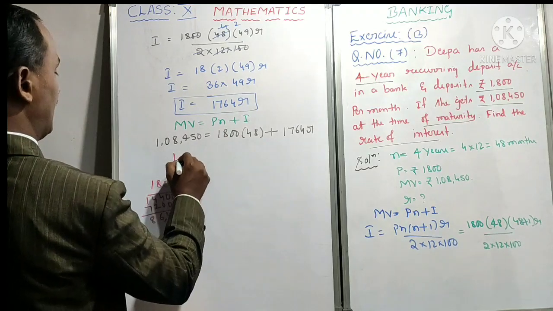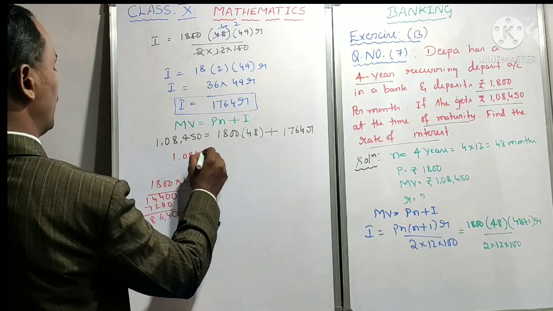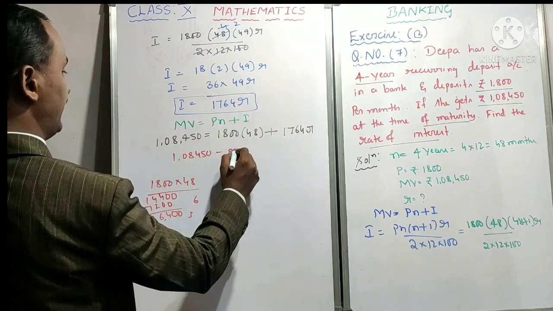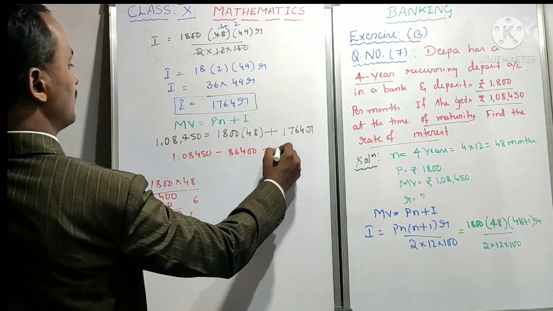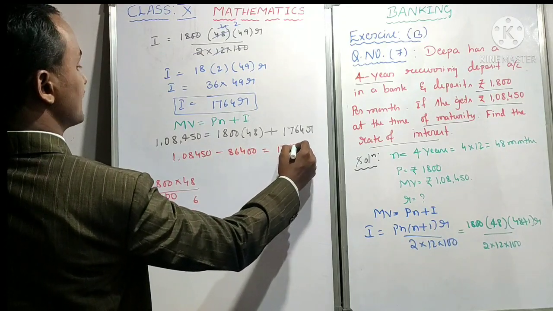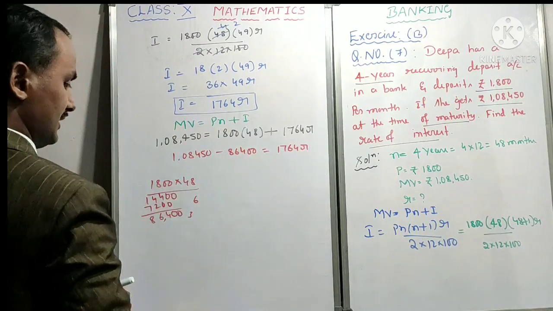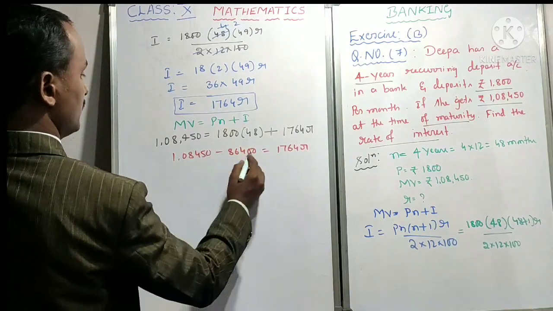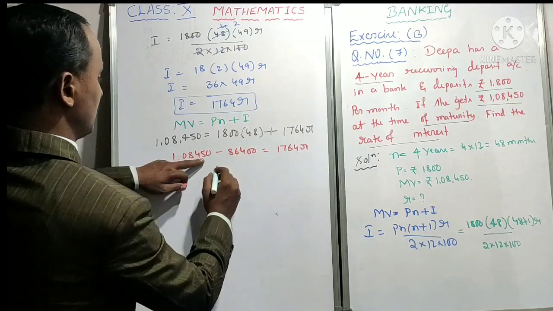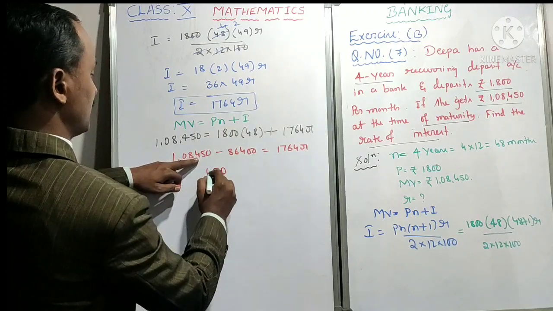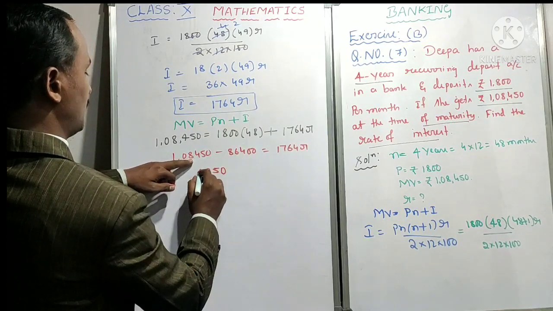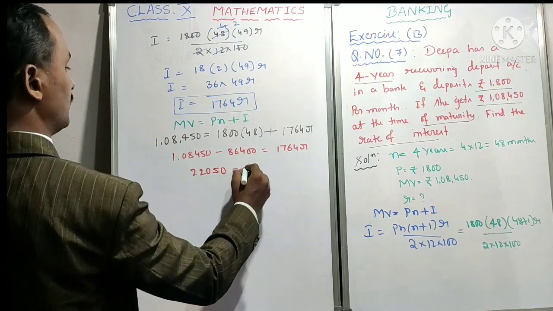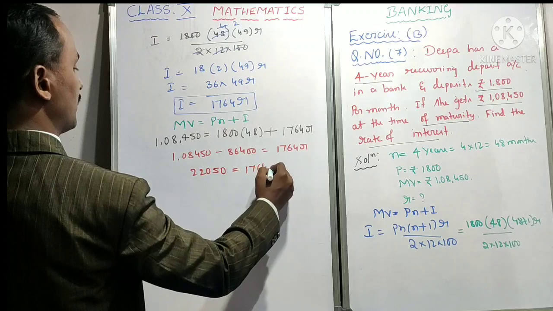Now 1,08,450, this numerical comes to the left side, minus 86,400 is equal to 1,764 R. Next, this subtraction, how much will come? 0 minus 0 is 0, 5, 4 minus 4 is 0, 8 minus 6 is 2, 10 minus 8 became 2, is equal to 1,764 R.